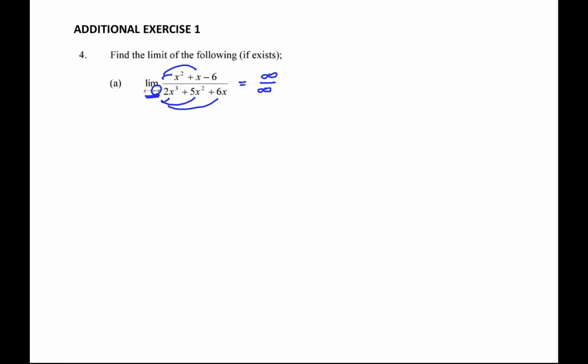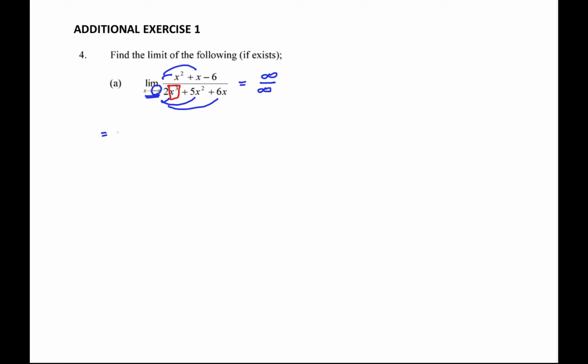Since after you substitute directly you get infinity divided by infinity, we need to solve this question by dividing by the highest power of the denominator. What is the highest power of the denominator? In this case, the highest power of the denominator is x cubed. So all your function must be divided by x cubed.